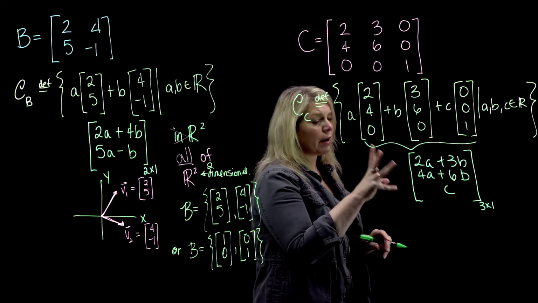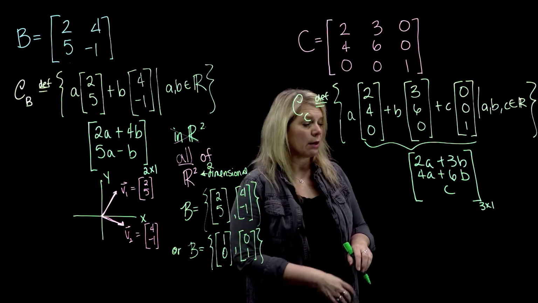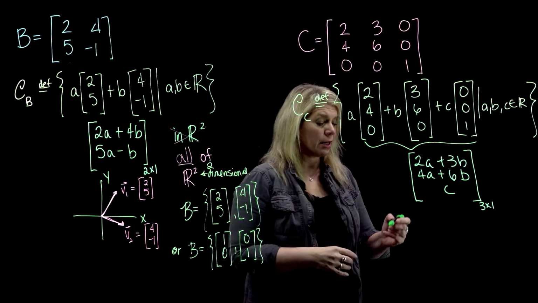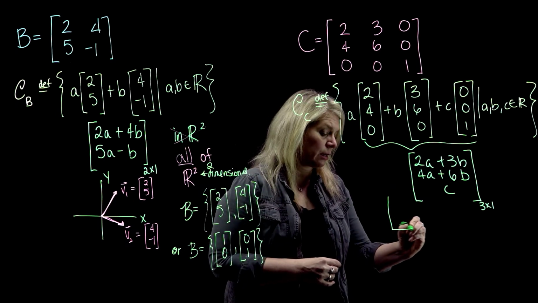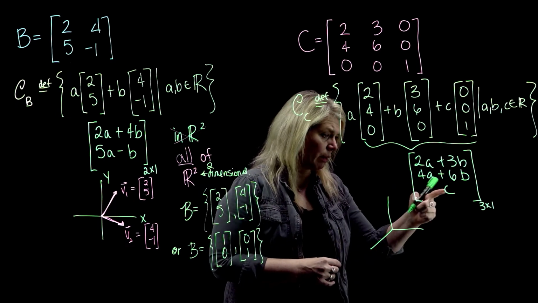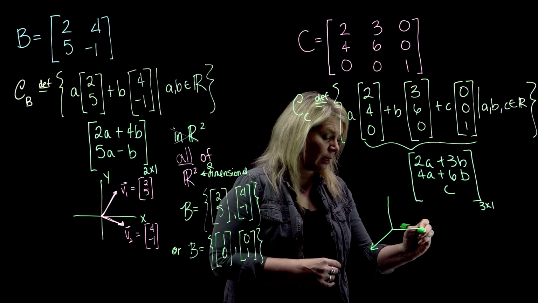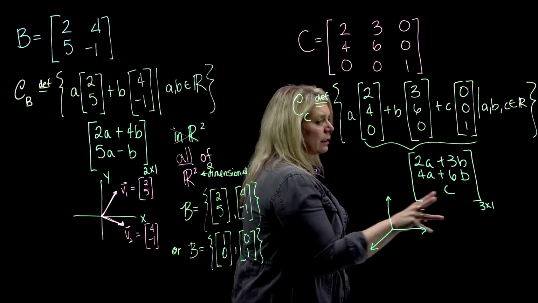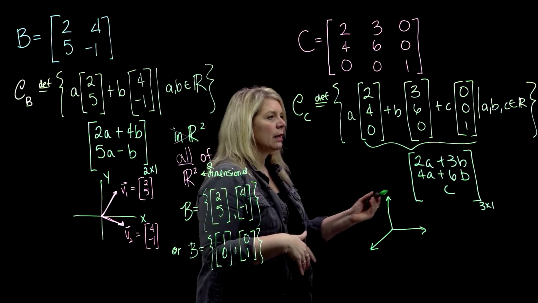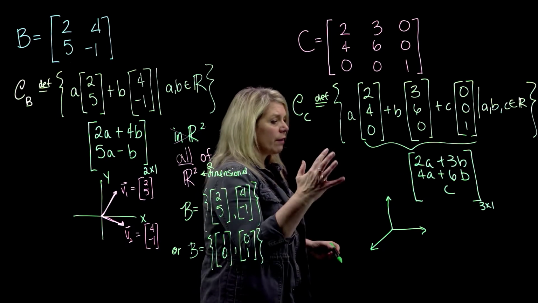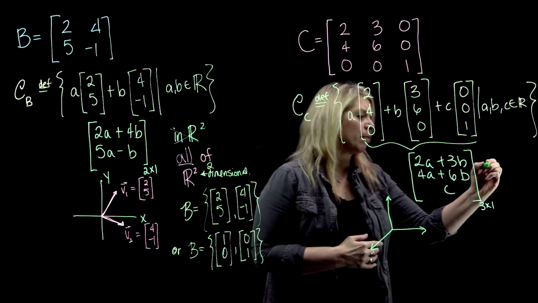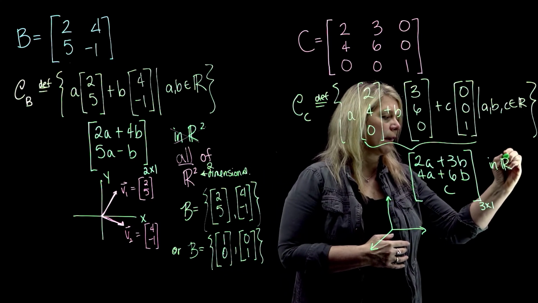I'm going to go right to thinking about an x, y, z coordinate system here and thinking about what we have here. I'm going to start by thinking about the third entry here. That's the only place c shows up in here. And c can be any real number. So if I think about this as a vector in R3, I have 3 entries.